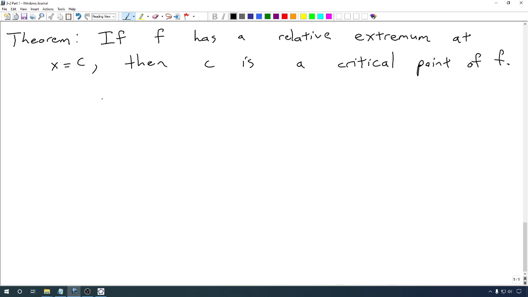Remember, critical point here means that either the derivative at c is equal to 0, or the derivative at c doesn't exist.